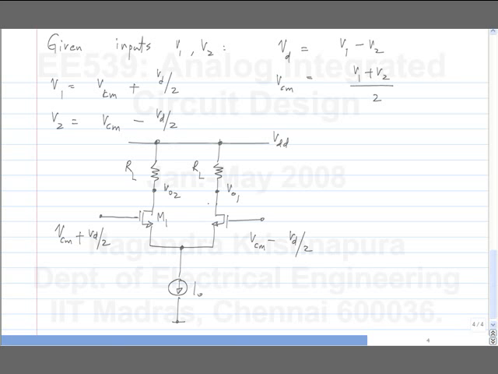Because of the symmetry in the circuit, you can use symmetry for analysis without writing equations, right? If you have the same voltage as VCM and VCM here, and the gate voltages are the same and the source voltages are the same, you expect the current to divide equally between these two, and each of the output voltages will be VDD minus I0 RL by 2.